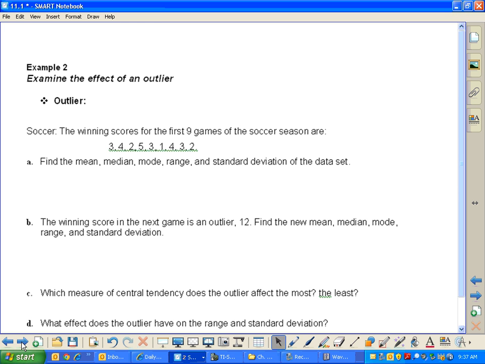Do you know, Calvin? Yeah, it's like an outsider, outlier and outsider. Sort of. Perfect. Almost the textbook definition. Good job, Calvin. It is a piece of data not typical of a data set.